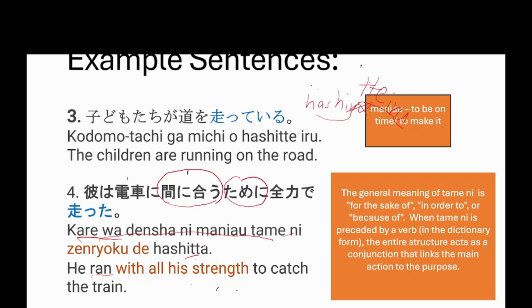As for hashita, this is the plain past affirmative form of the verb hashiru. For Godan verbs ending in ru, the way to change them to the plain past affirmative form is to replace the ru of the Godan verb with tte, which would transform the dictionary form into the te form of the verb.